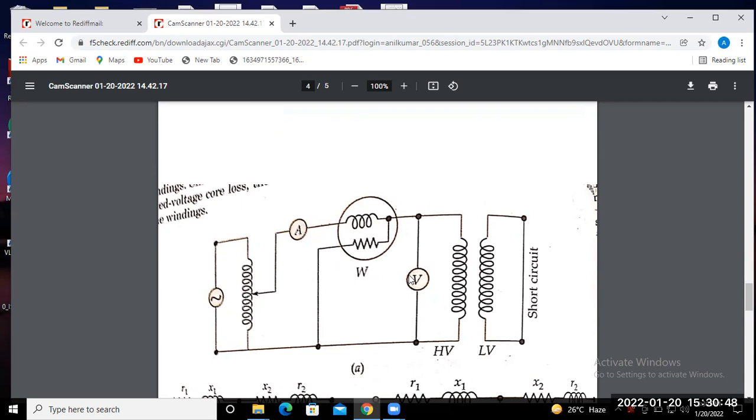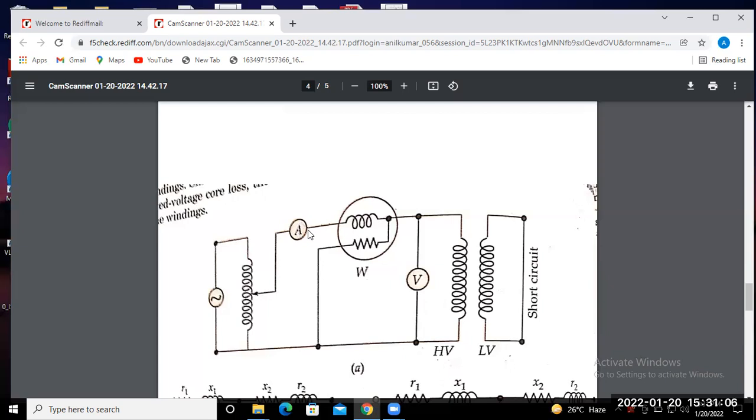Because the short circuit test is connected across the HV winding, the short circuit current flows at a very small voltage.